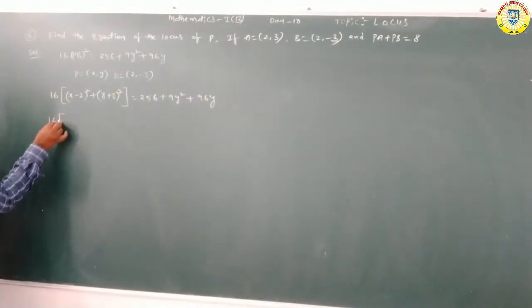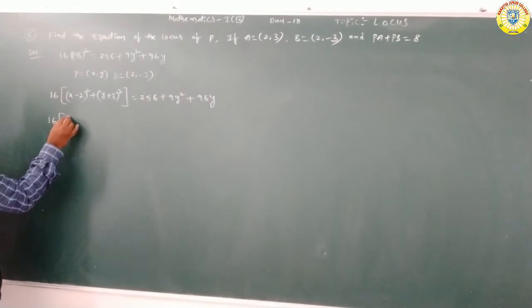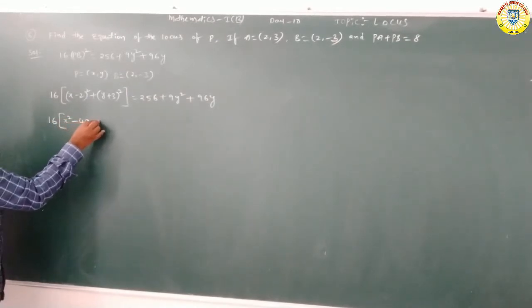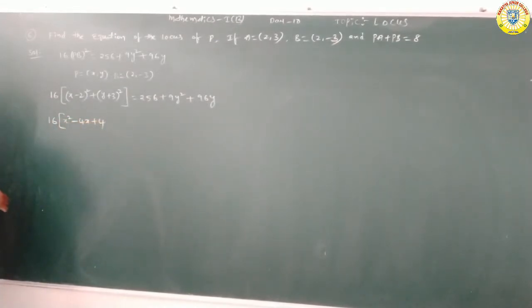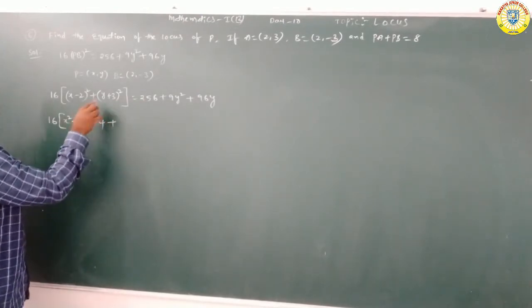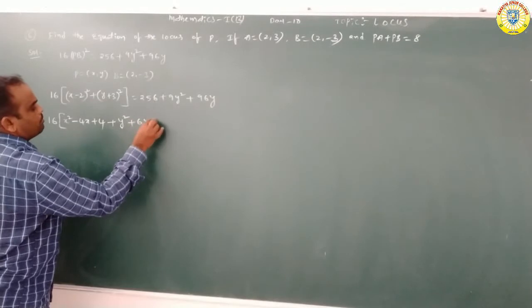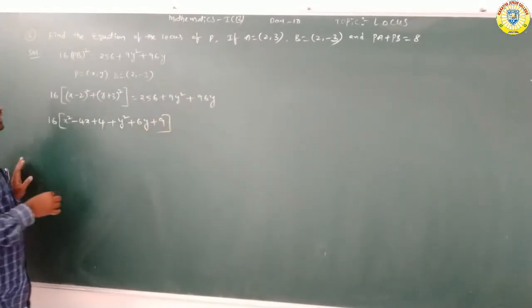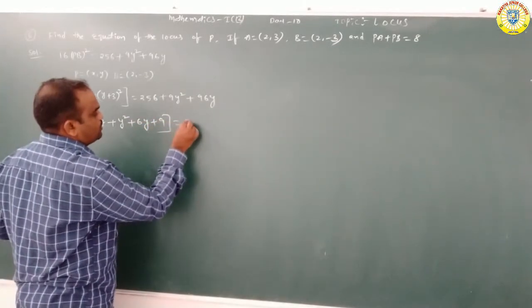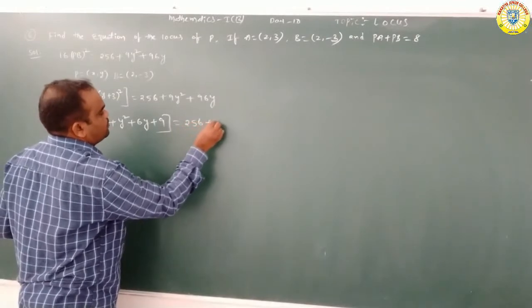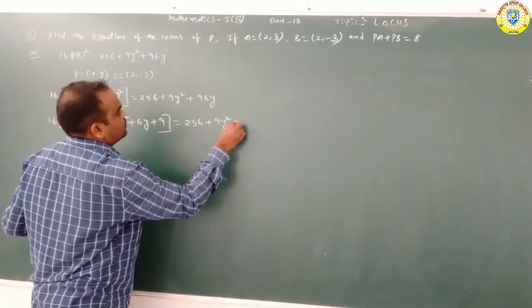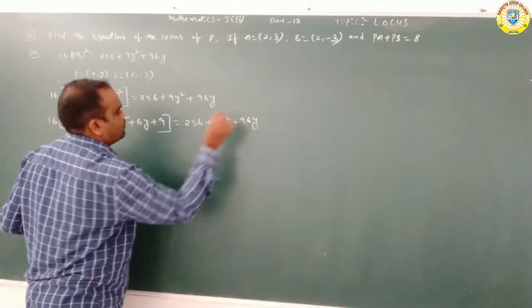Here 16 into this value we are expanding. x square minus 4x plus 4. Next y square plus 6y plus 9, is equal to 256 plus 9y square plus 96y.